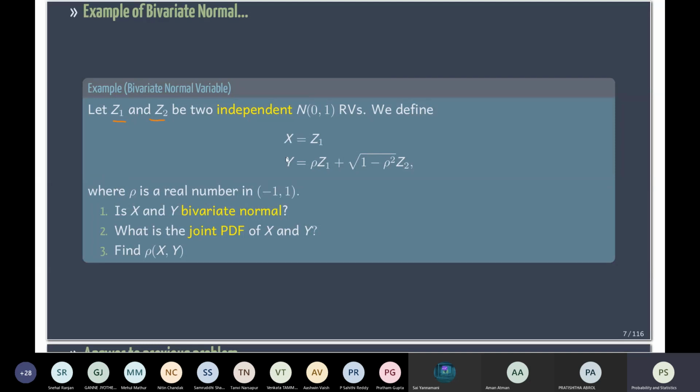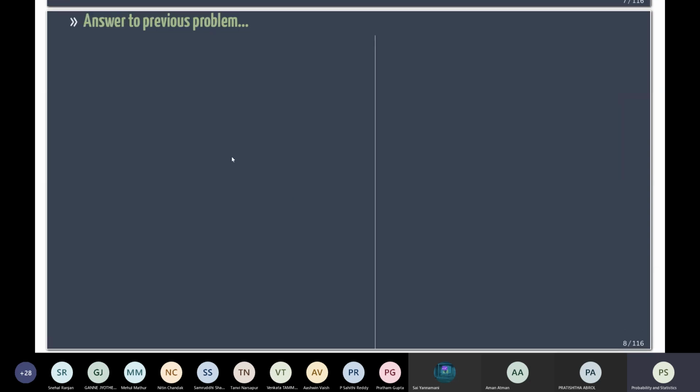Of course X is Z1, so X will be normal by default, but we don't know about Y yet. Is this going to be normal also? But what we really want to see is, are they at least bivariate normal? So let us see, is this the case?